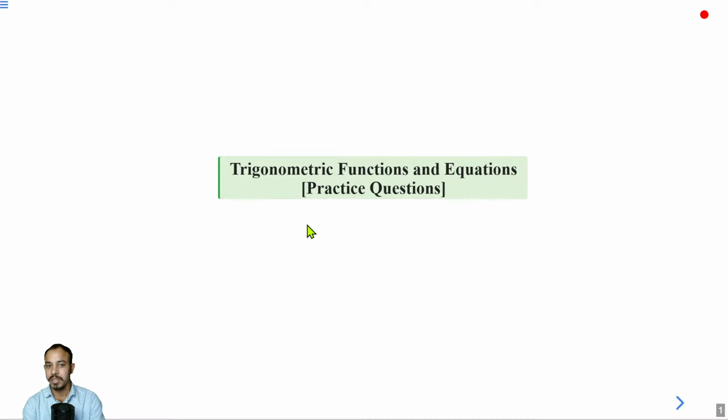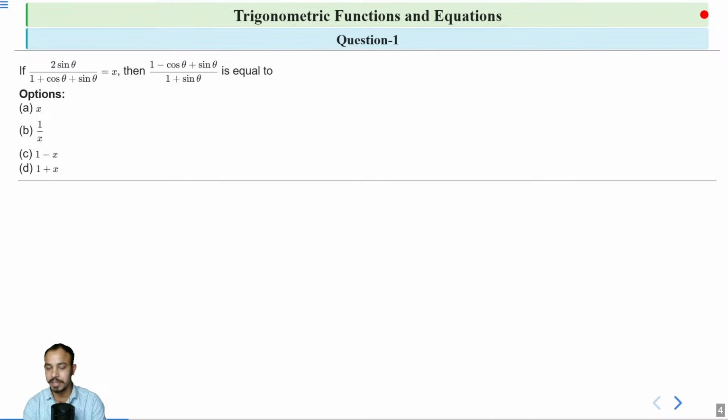Now we will discuss the practice question part. So see here question number 1.